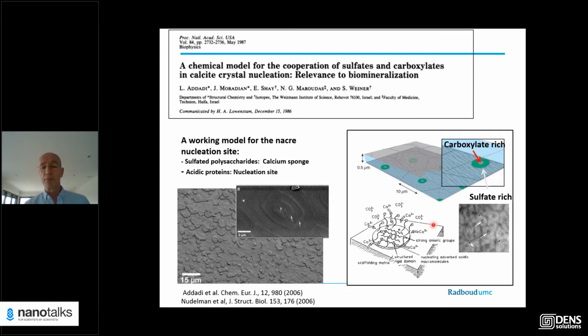It would combine proteins rich in carboxylate groups that would direct the nucleation, and sugars rich in sulfates that would act as a sponge for the mineral, to bring the mineral together, and then it would nucleate, directed by these proteins that are rich in carboxylate groups. Now, this is a theory that was never proven, and we thought that maybe we could show if it could indeed work in that way.